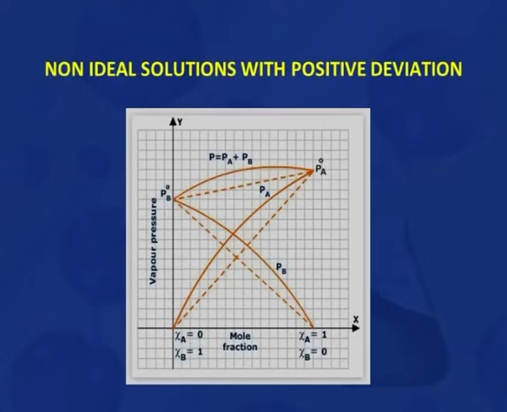You can see in the graph that Pa is greater than P naught A x A and Pb is greater than P naught B x B. Similarly, Pa plus Pb is greater than P naught A x A plus P naught B x B.